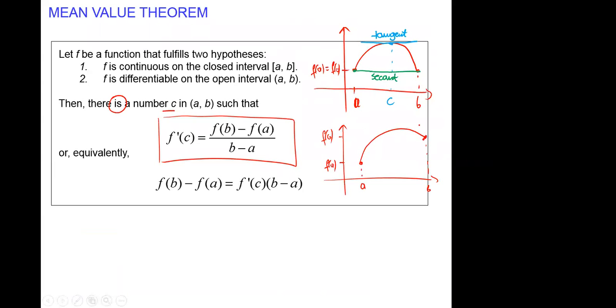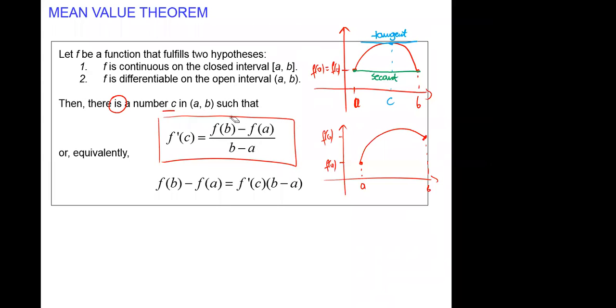What is the theorem telling me? I still have a continuous and differentiable function. The theorem is telling me that f prime at c, which is still the slope of the tangent line, must be exactly the same as (f(b) minus f(a)) over (b minus a).